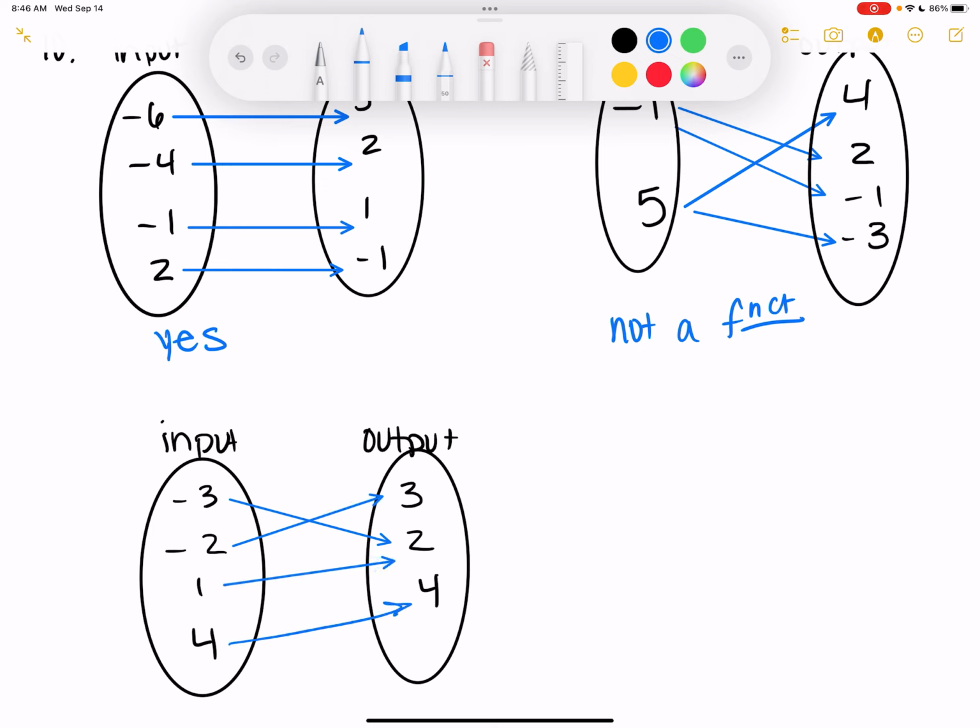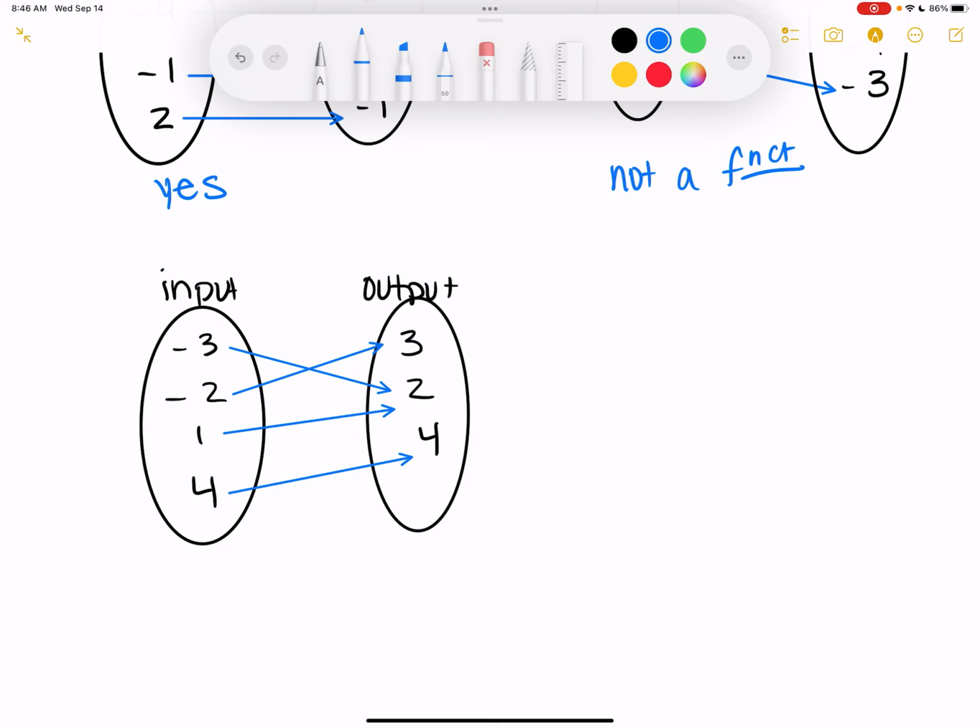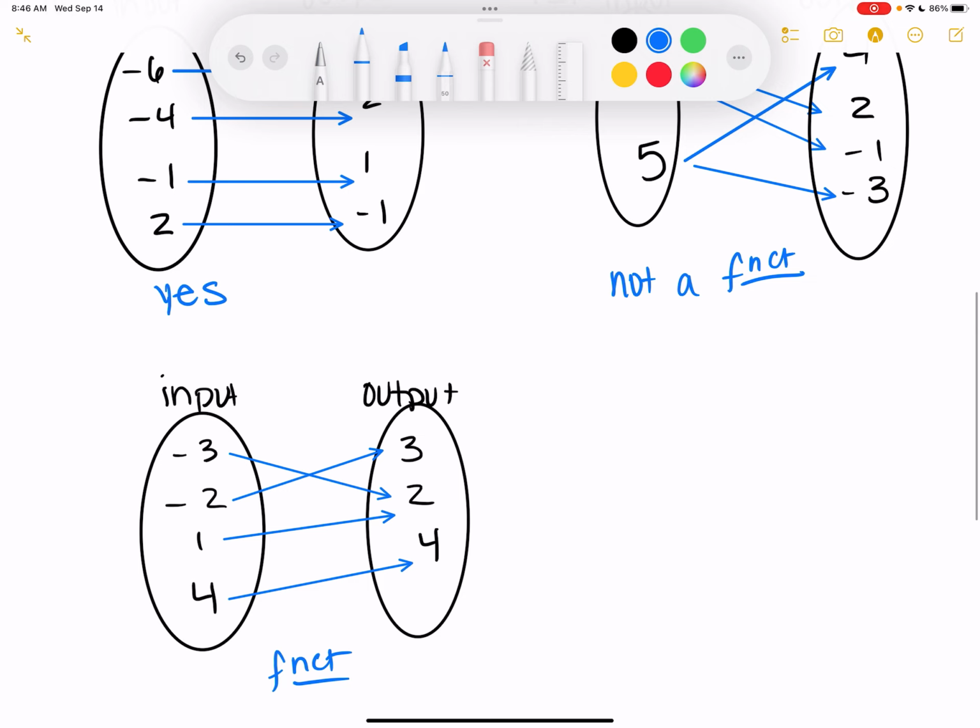And 4 goes to 4. Is this a function? Okay, so this one, there are 2 outputs that repeat, but each input only has 1, so yes, it's a function. I guess technically up here I should have written function, not yes.